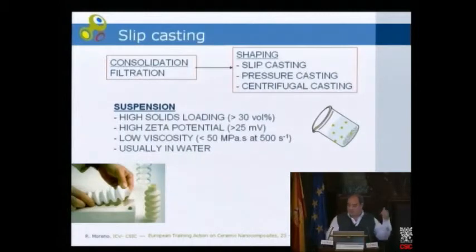The requirements deal with the suspension: high solids loading, preferably higher than 30 volume% solids, high zeta potential, always above 20-something millivolts, and low viscosity. It depends; in this case, it's more difficult to establish a value. I put here lower than 50 millipascal seconds at 500 second minus 1 of shear rate.